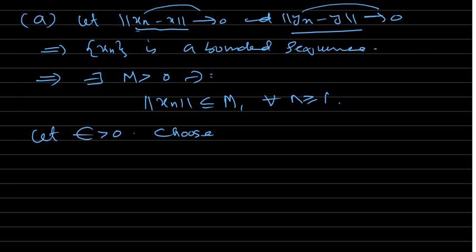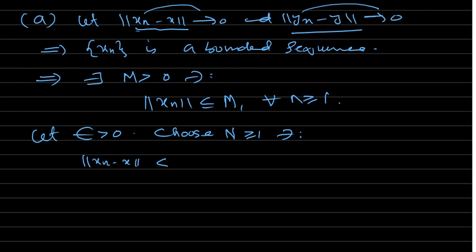Choose n greater or equal to 1 such that this norm of xn minus x is less than... I have to choose this epsilon appropriately so that finally I can find epsilon actually. How do I do that?